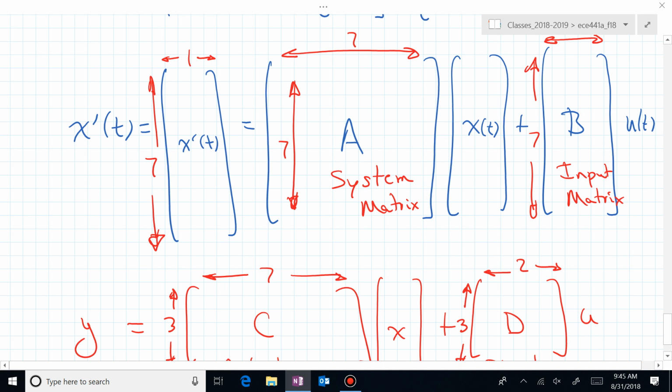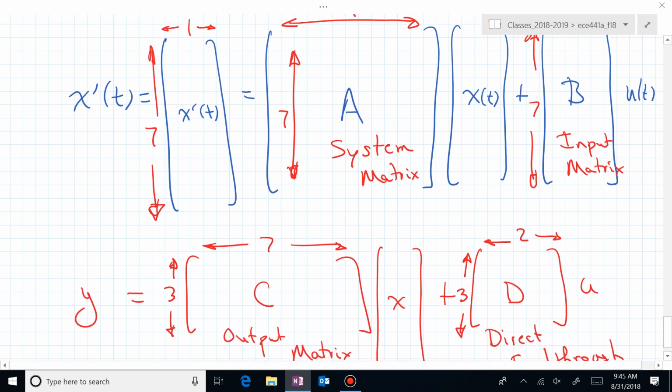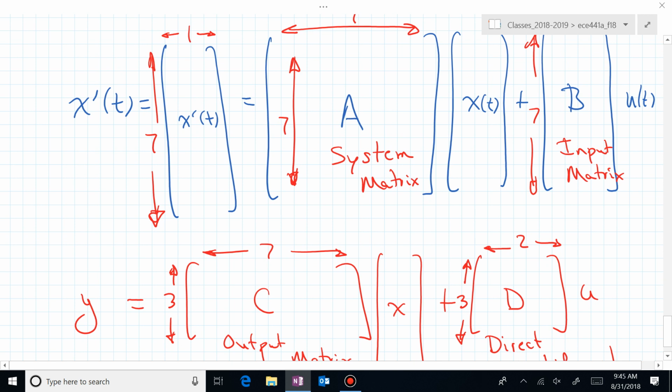Let's see if you can find the second row of A. Can you find the 7 elements that are in the second row of the A matrix? I want you to find row number 2 in the x prime equals Ax plus Bu formulation. If you can find that, you can find all the others.